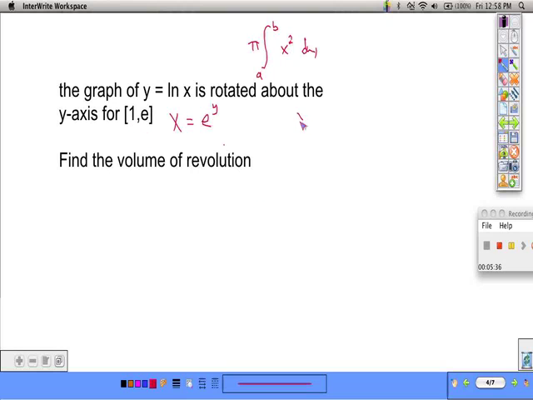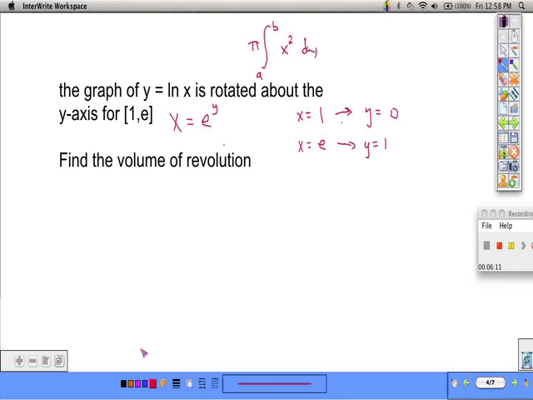So when x equals 1, that means that y is going to equal 0. When x equals e, y equals 1. We're just going back to this equation and plugging in our values for x. Natural log of 1 is 0. Natural log of e is 1.